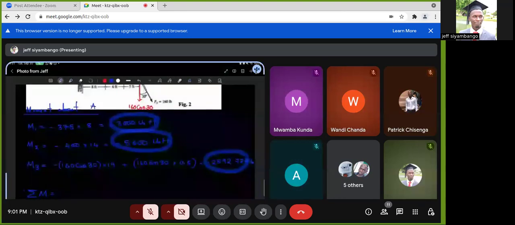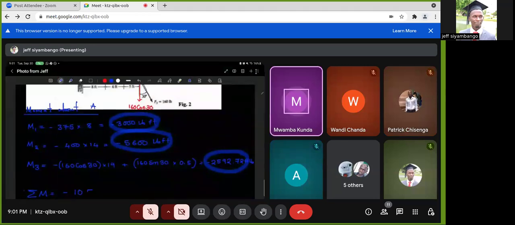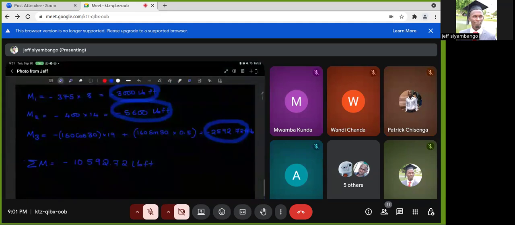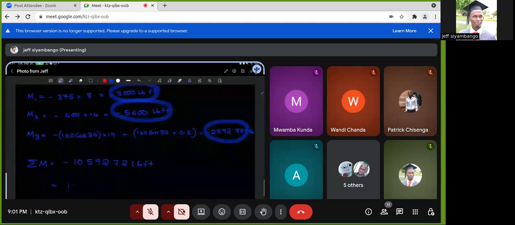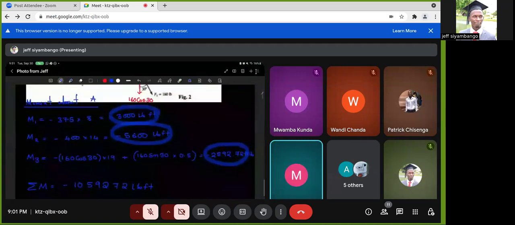Then negative. And then conclude that. So yeah. Getting negative 11,192.72.